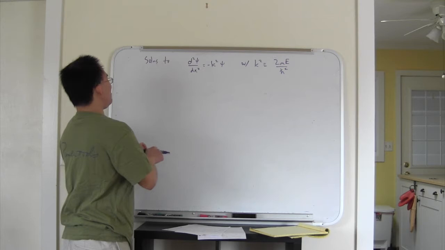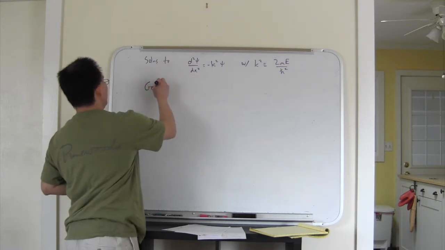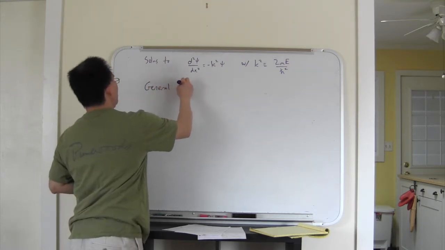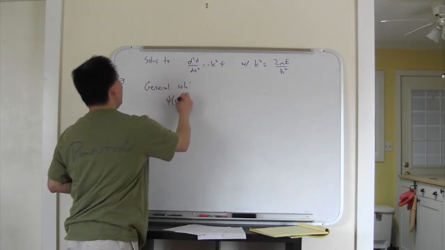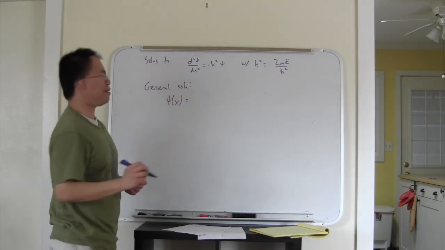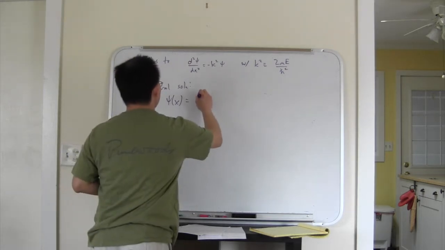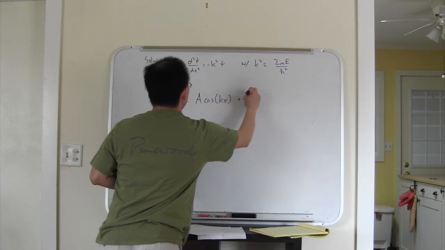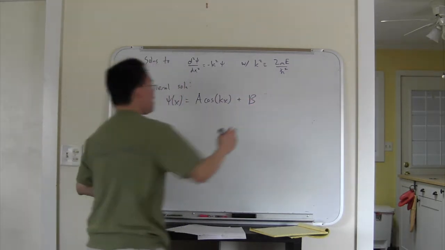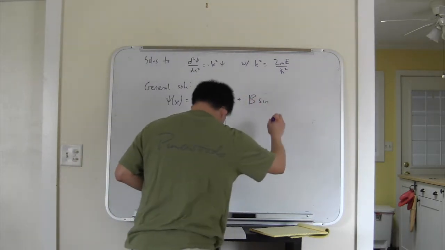So the general solution turns out to be psi of x. We can write it as a cosine kx plus b sine kx.